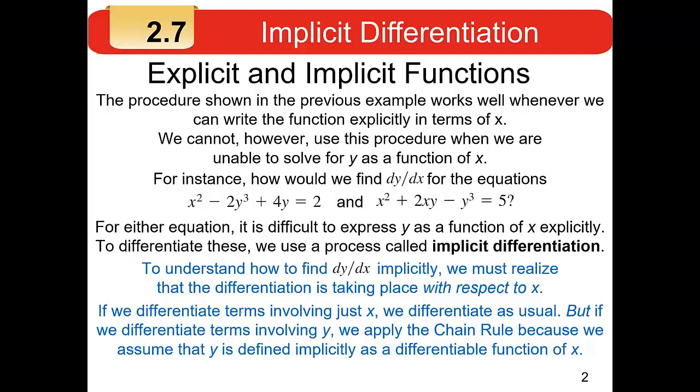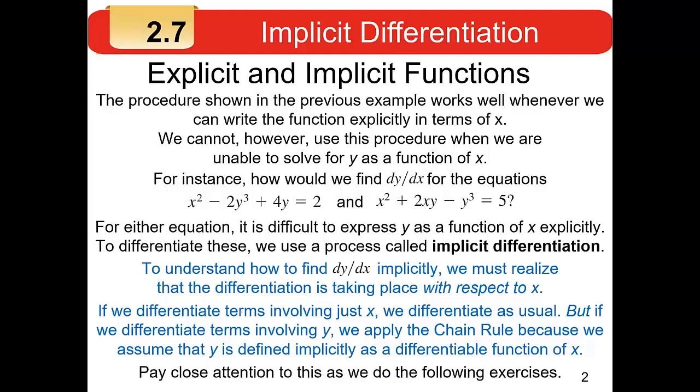But if we differentiate terms involving y, we have to apply the chain rule or the general power rule, which is just a special case of the chain rule, because we assume that y is defined implicitly as a differentiable function of x, even if it's not explicitly written that way. So we're always thinking in the back of our head, y is a function of x. In other words, y is something that's actually an expression involving x, even if we don't explicitly write out what it is. Now pay close attention to this as we go through these exercises.